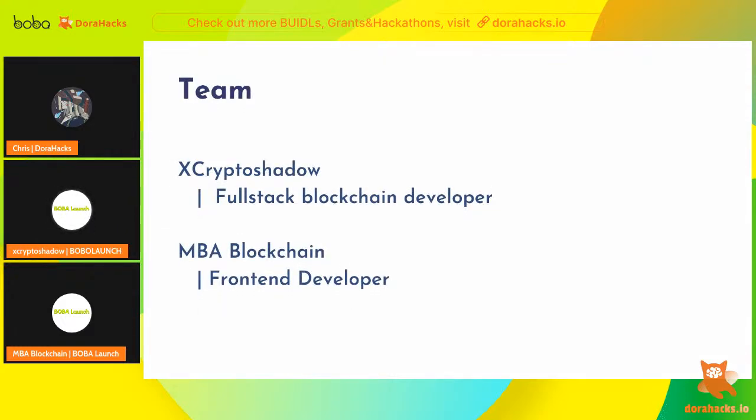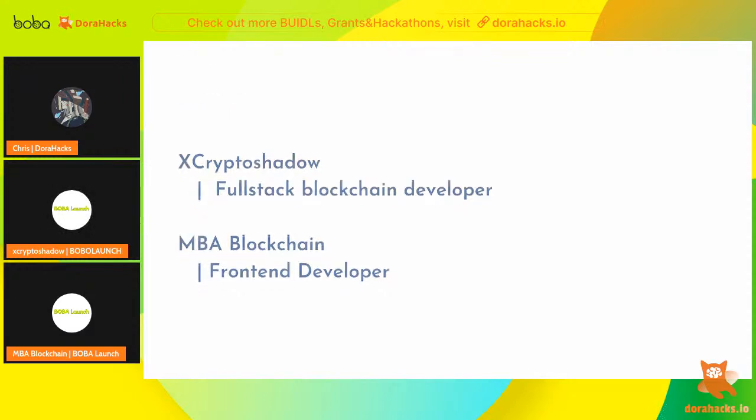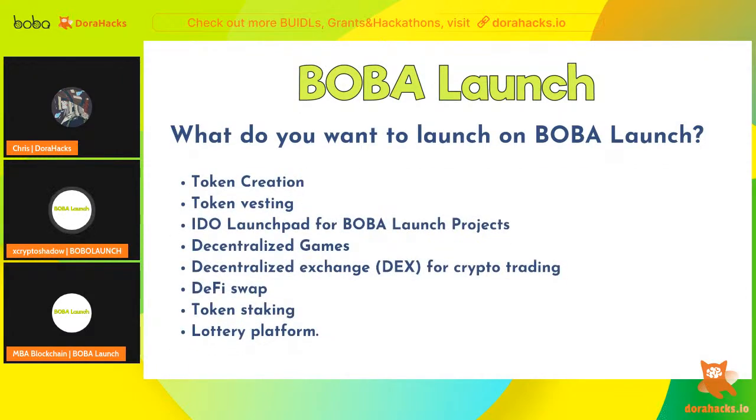Let me introduce my team first. I'm Crypto Shadow, I handled the blockchain part, and one of my teammates handled the front end part. So what do you want to launch on Boba? This is our tagline. If you come to our platform, we help you create your token, and not just one type of token but multiple types.